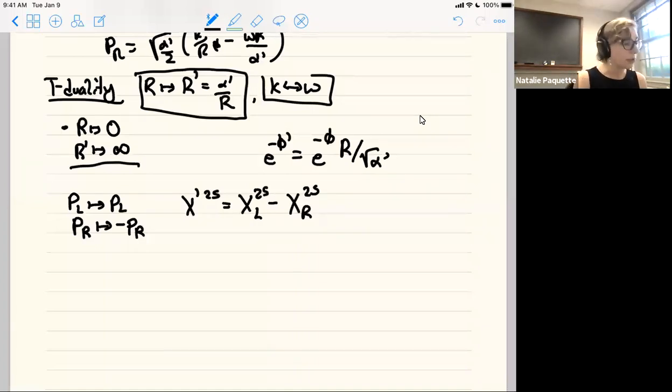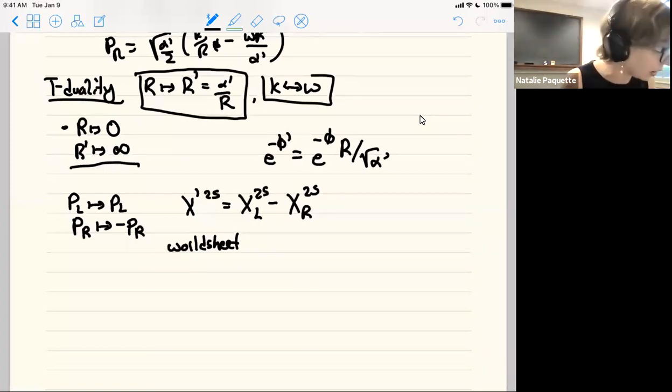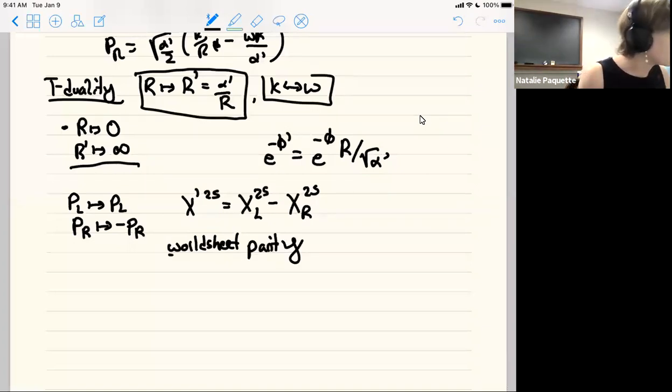So there's just an extra minus sign that implements this transformation, and all of the worldsheet OPEs are invariant under this transformation because the minus sign will cancel in pairs. So it is a symmetry of the full worldsheet theory. And at the level of the stuff that we've written down, it's worldsheet parity on the right movers.